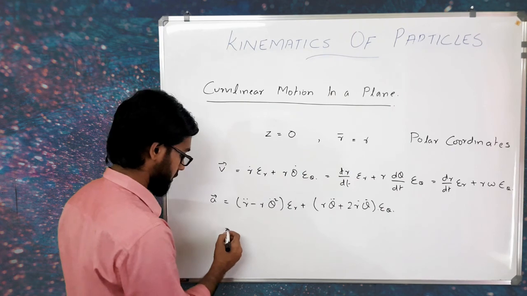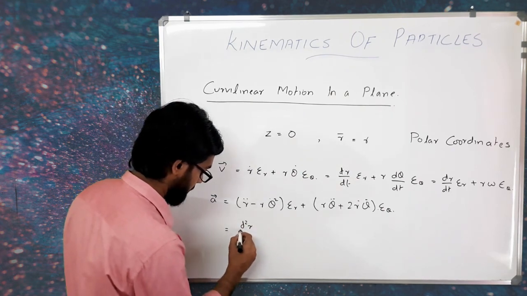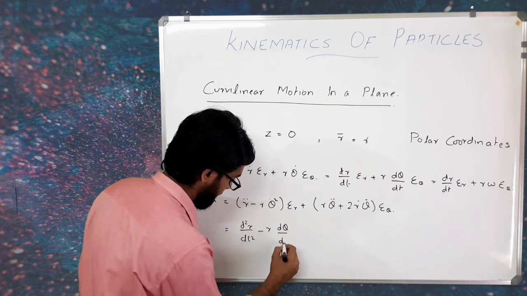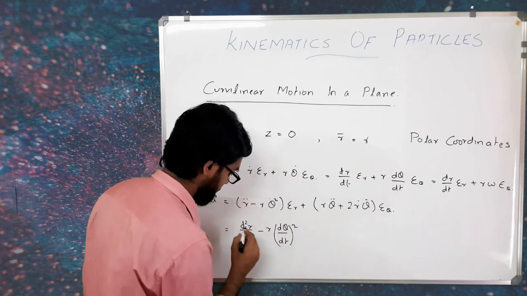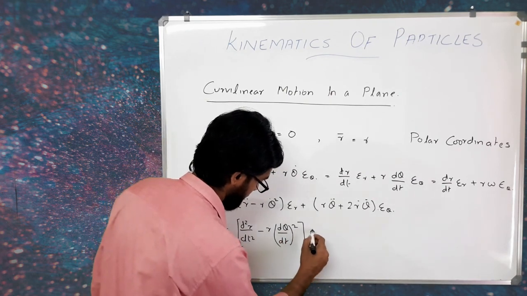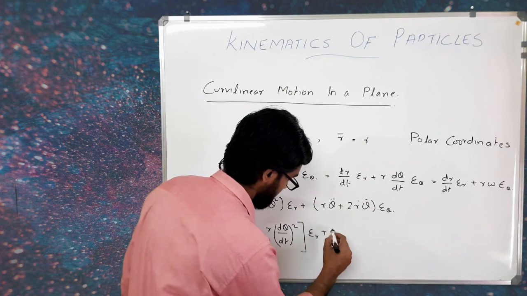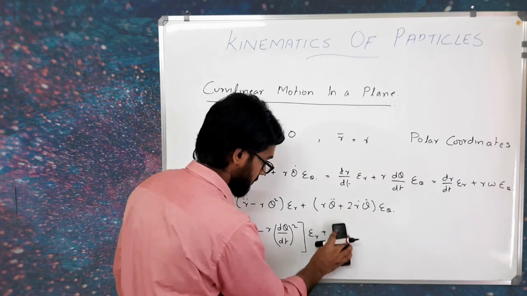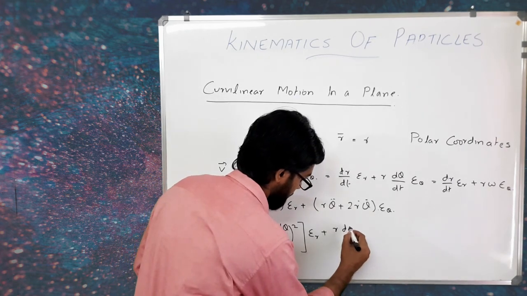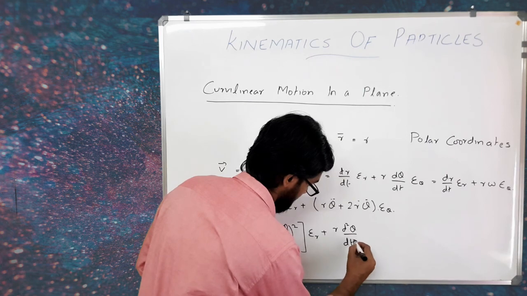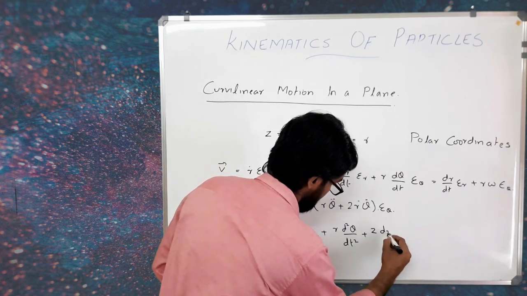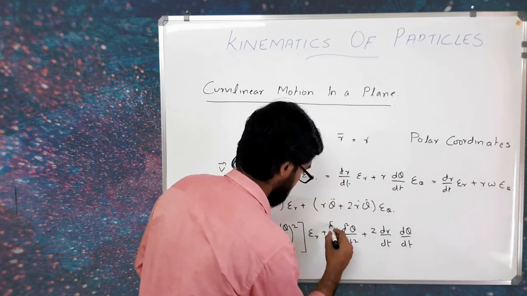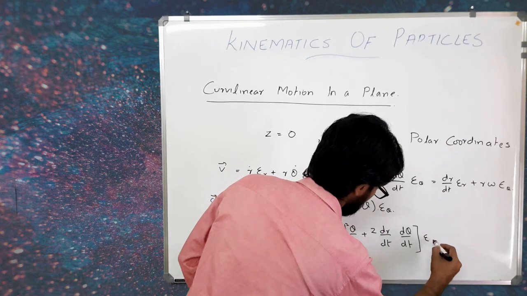Now here, d square r by dt square minus r d theta by dt the whole square epsilon r plus r into d square theta by dt square plus 2 dr by dt d theta by dt epsilon theta.